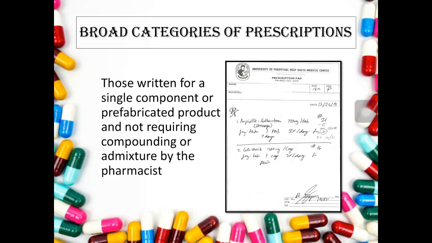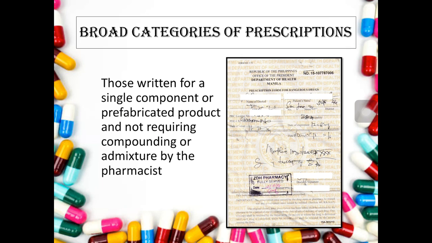The first one is those written for a single component or prefabricated product and not requiring compounding or admixture by the pharmacist. So, the first example that I will be showing you is an example of an ordinary prescription, which is under this first category. And the second one is the yellow prescription, which also falls under this category.